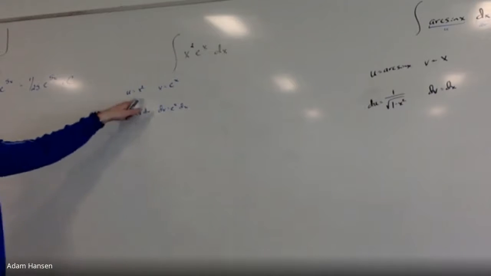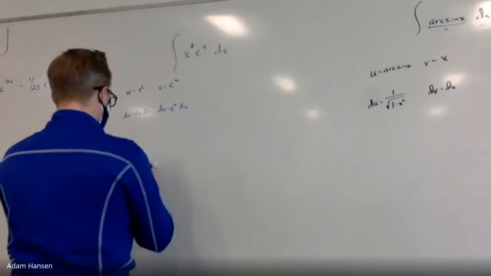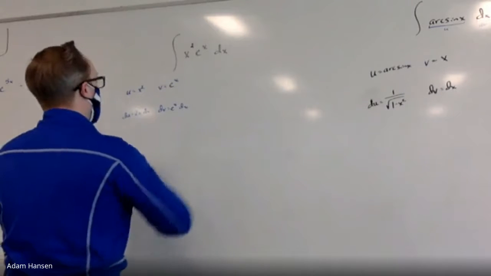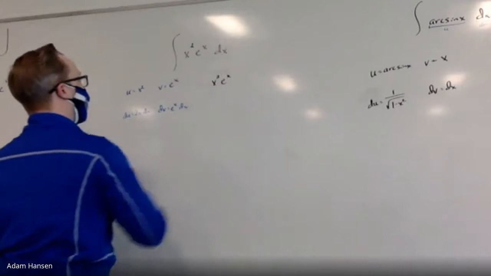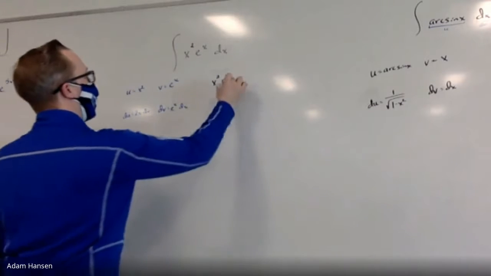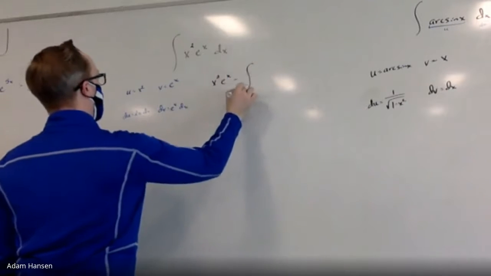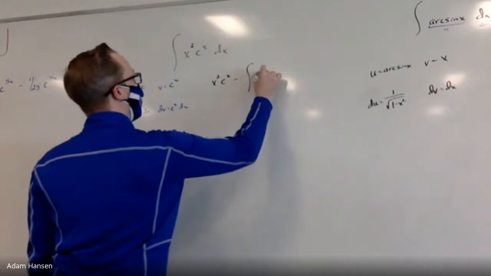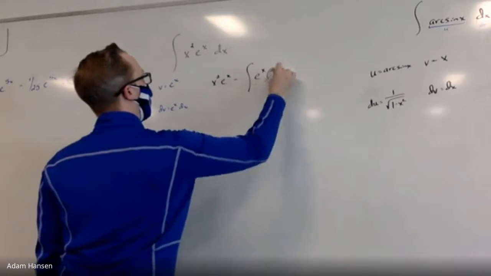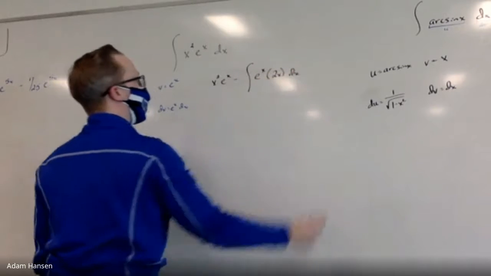All right, u times v would be x squared e to the x, minus the antiderivative of v du, e to the x times 2x dx.